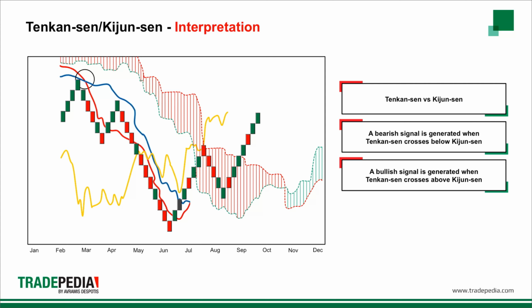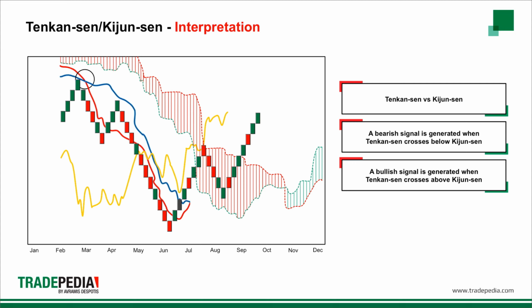For Tenkan Sen and Kijun Sen, we can also use them like support and resistance areas. It's similar to the idea of moving averages, where you have a moving average crossover. It explores a similar concept: if the short-term moving average crosses above the long-term one, it means that in the shorter term the uptrend is stronger as compared to the older prices, so the momentum is more bullish.